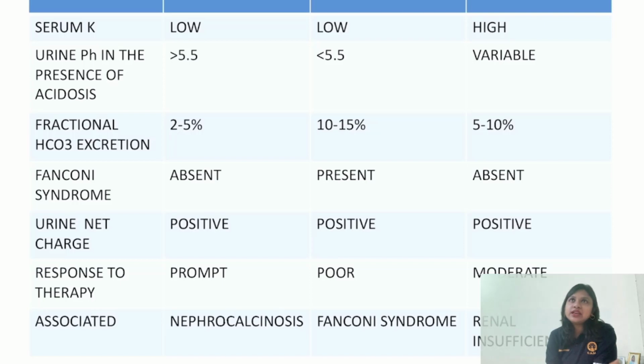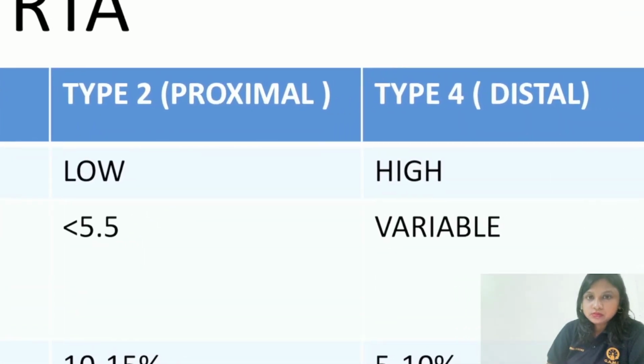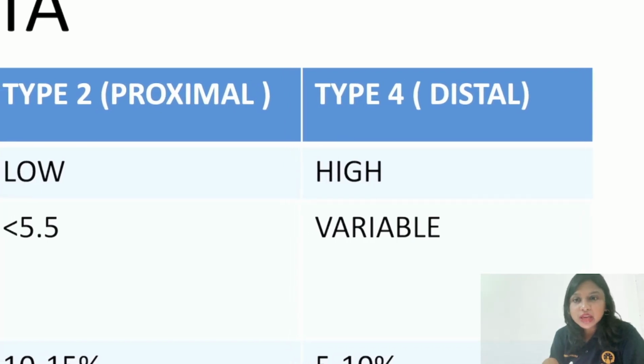Whenever we see a case of metabolic acidosis, we need to look at the plasma anion gap. The plasma anion gap is a measure of unmeasured anions minus the unmeasured cations. I have already taught this in my regular classes, and I will take a class discussing some of the ABGs.